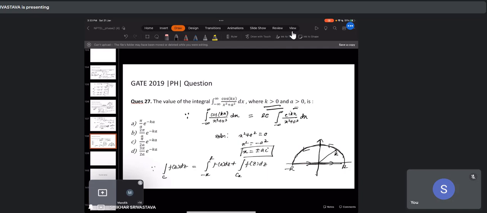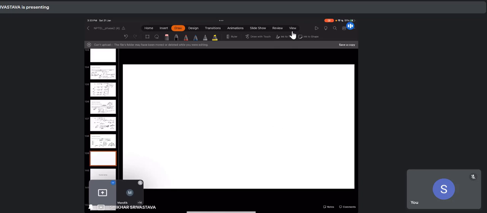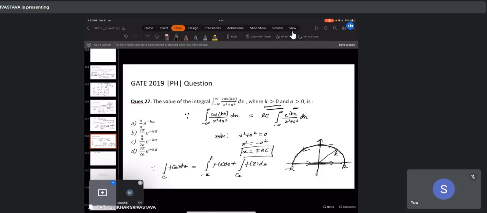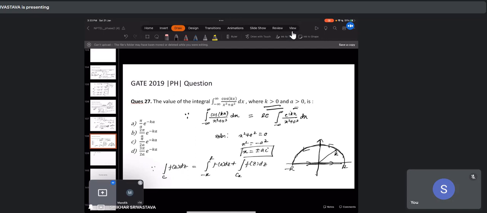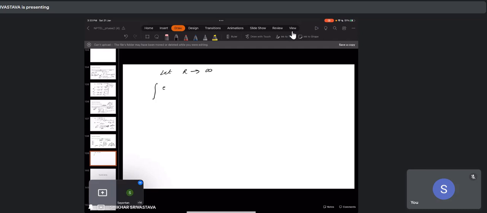Now, because in our case the limit is minus infinity to infinity, you put the radius of the circle tending to infinity. In our case the function f(z) is exponential i kz upon z square plus a square. Is the answer a?